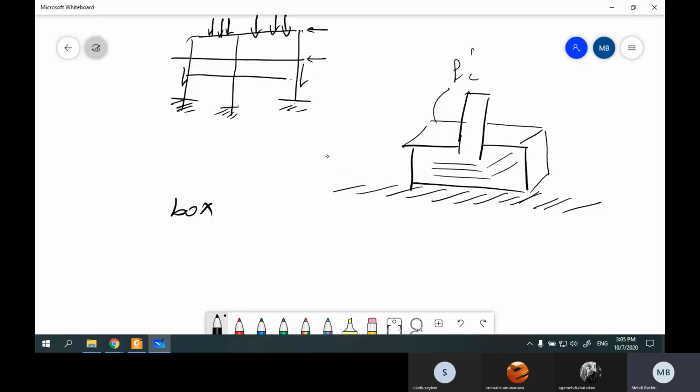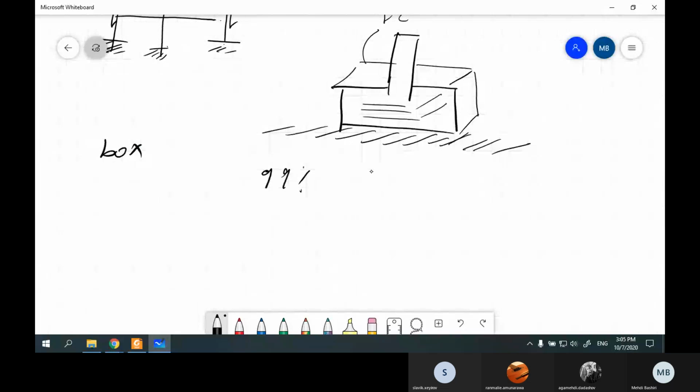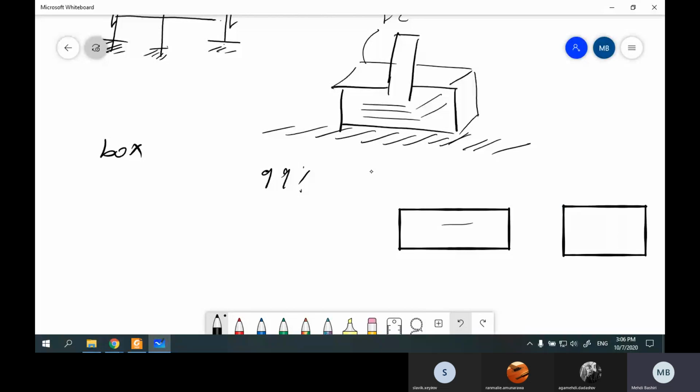The foundation, as I said, in 99% of cases is a concrete element, and you saw it in different situations. We have different types of foundation. If you can satisfy the required spacing between the foundations, you can use a single or isolated foundation.